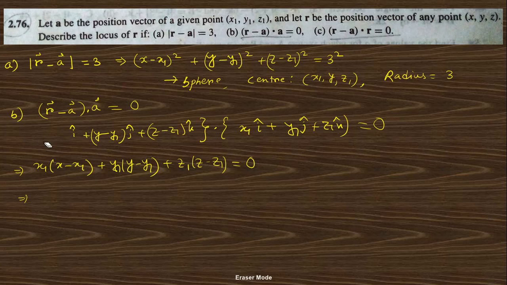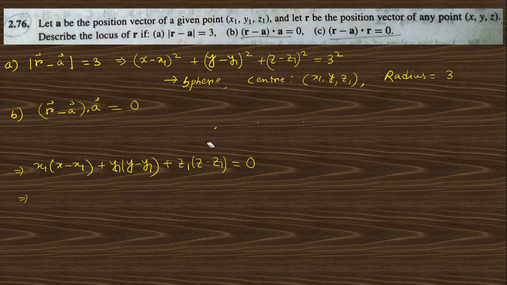Actually, this need not be expressed as any physical relation, so just draw the figure. If this is the R vector and this is the A vector, then R minus A is that vector.